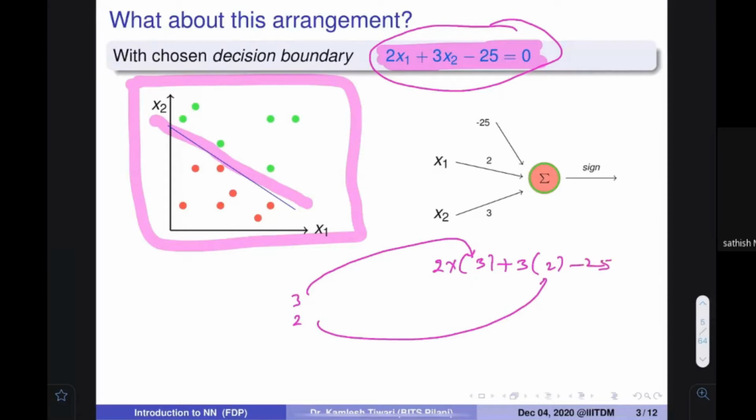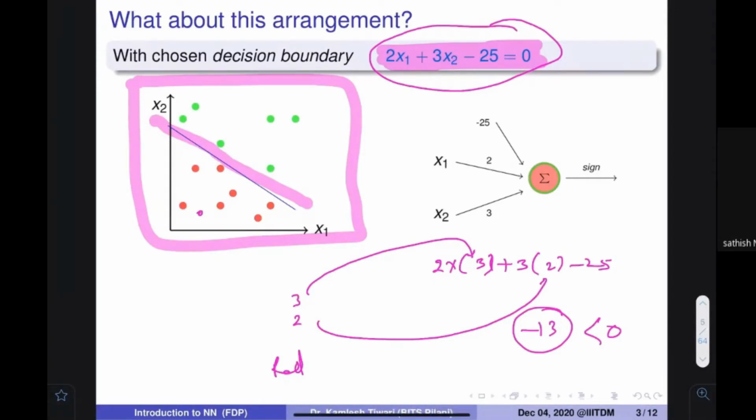Can anybody tell what the answer is? Minus 13. Since it is negative, less than 0, I would say it is a red point. And you can see that this is a red point.